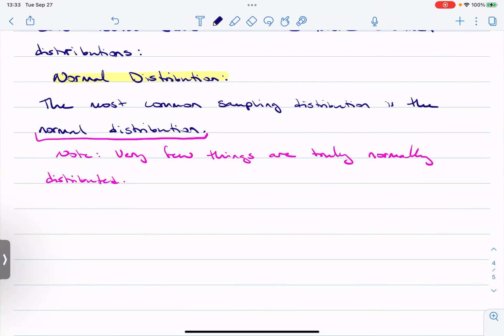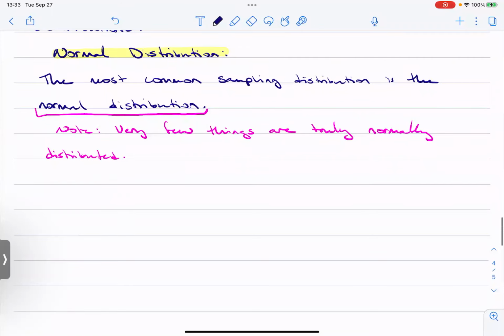Just like way back in the day, I have a normal distribution, and there are some key things that I know about the normal distribution that I'm going to apply here.